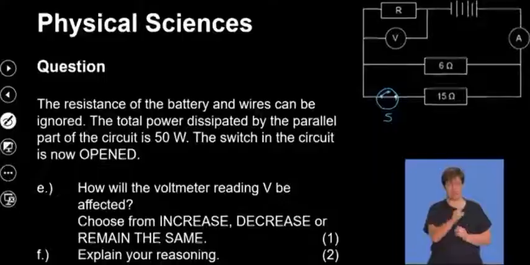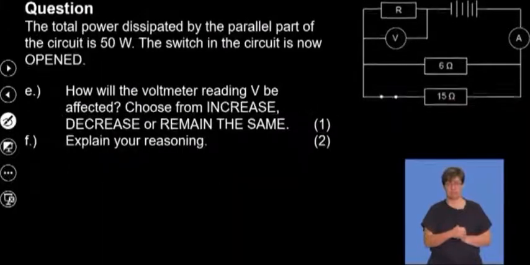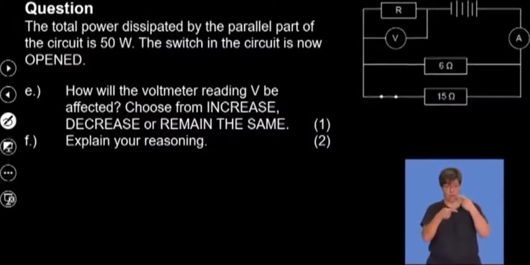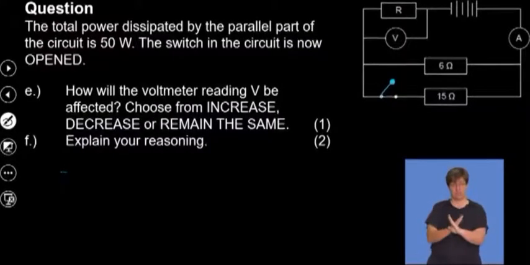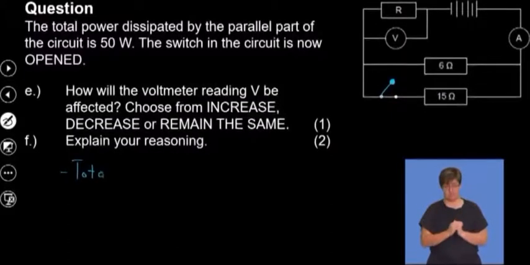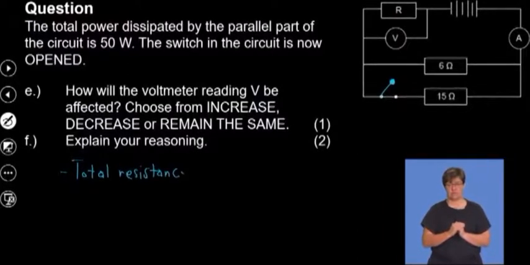In this case, we are saying, okay, if we open switch S, we won't have a parallel combination of resistors. It means, number one, let's appreciate that the total resistance in the circuit increases, okay? So if the total resistance in the circuit increases, what does that mean in terms of the current?